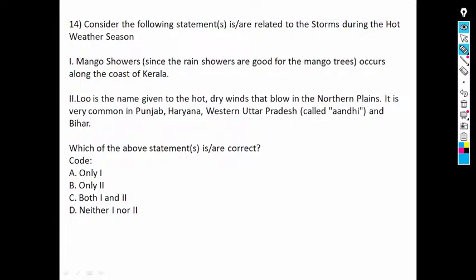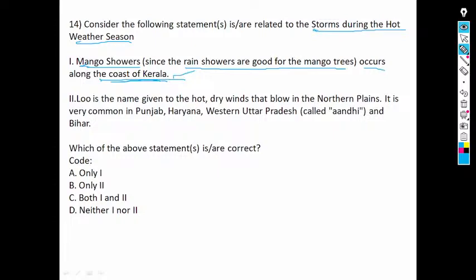Consider the following statements related to the storm during the hot weather season. Mango showers occur along the coast of Kerala. Since the rain showers are good for the mango trees, mangoes are good for the mango trees in the coast of Kerala.